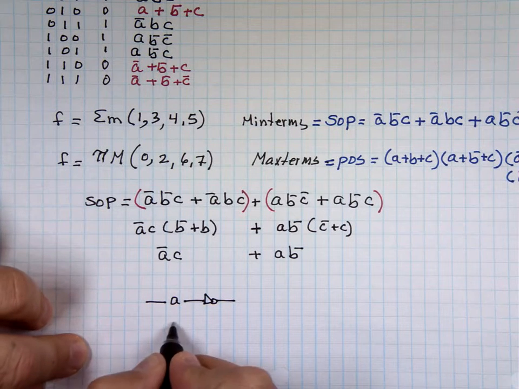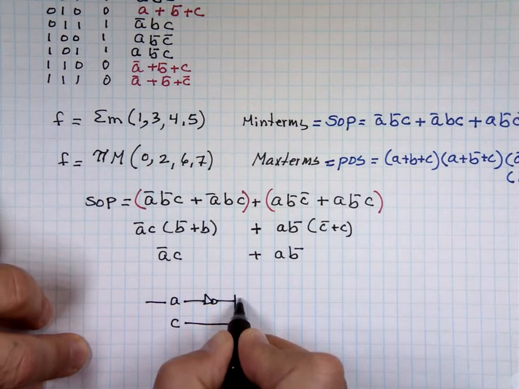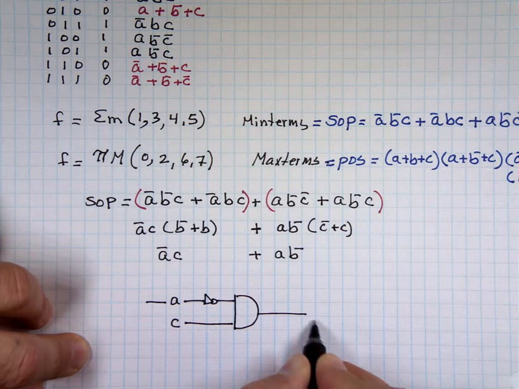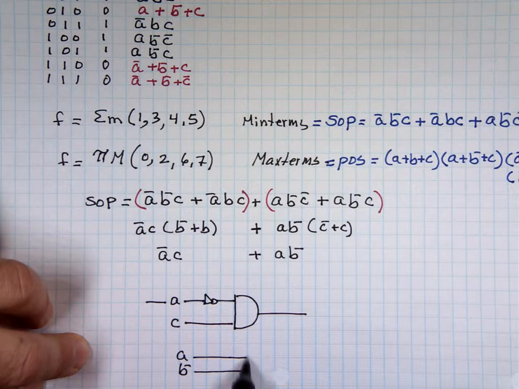I don't know why I put a line before that. That's a C. And it. The other one, A, B bar, and it.